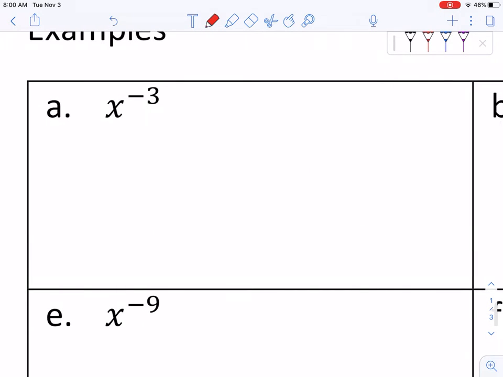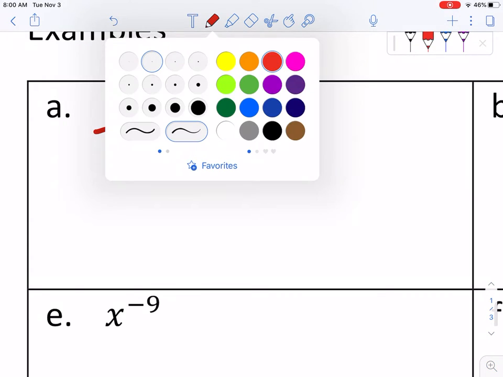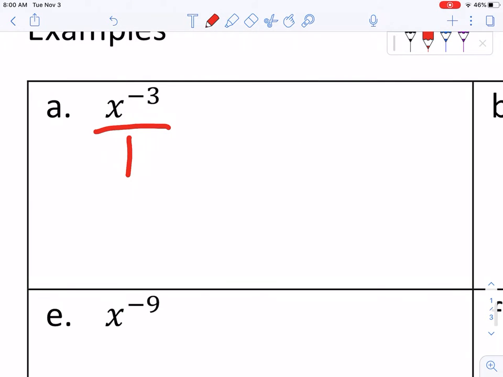X to the negative third power, this is sitting over 1. And the way that I like to think about these is I think that if it's to a negative power, it is not happy where it's at in the fraction, and it needs to move. So x to the negative third is unhappy being here. It's in the wrong place. It's unhappy because it's in the wrong place.